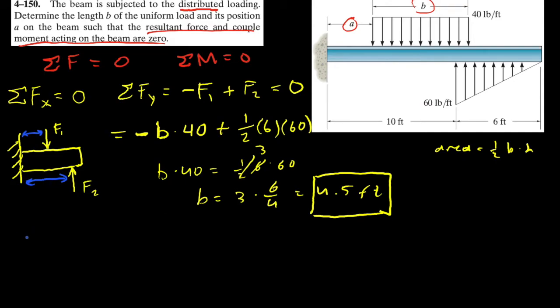Let's demonstrate. If I have a distributed load that is like this, and it's acting on a surface, I will show the equivalent point load with this red arrow. In this case, this red arrow will be equivalent distances from the edges.